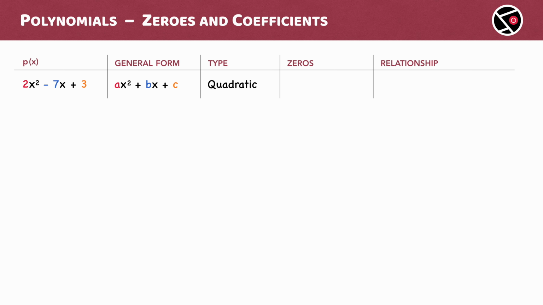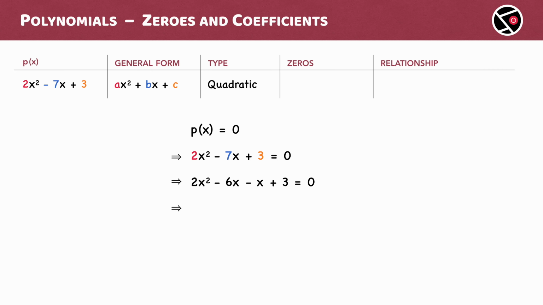Now to find zeros of our example polynomial, we equate p of x to 0. 2x squared minus 7x plus 3 equals 0. To factor this, we rewrite the equation as 2x squared minus 6x minus x plus 3 equals 0.